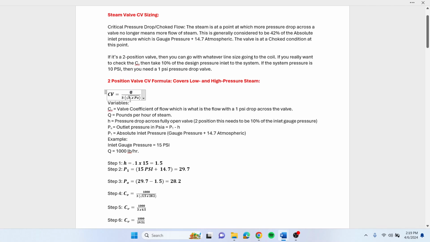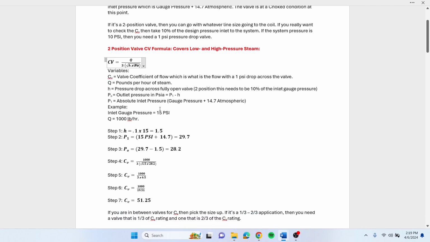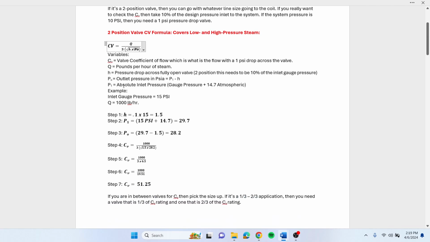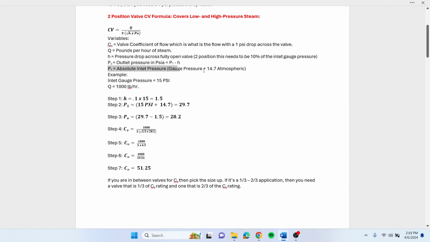H is the pressure drop across a fully open valve, like what's accepted, what you're shooting for, times your pressure outlet. So to figure these terms out, you're going to end up solving for this P1, which doesn't show in the formula, but we'll walk through that. All it is is your absolute inlet pressure, so gauge pressure plus 14.7 atmospheric.